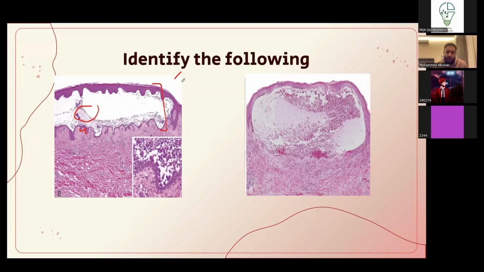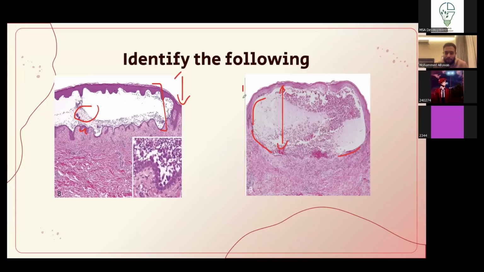Again, if I put pressure right here, what will happen to this blister? It ruptures. What do we call this? Nikolsky sign, positive. Good. Here, can you clearly see the basal layer? No. The whole blister is under the epidermis. So what is this disease? Bullous pemphigoid.